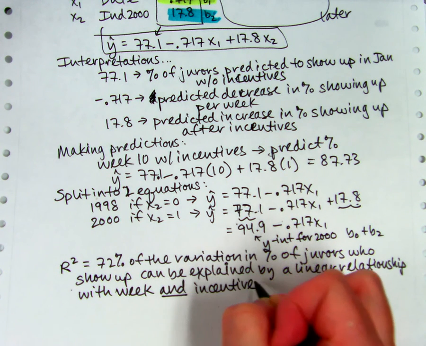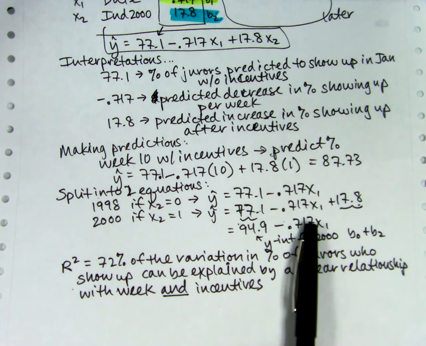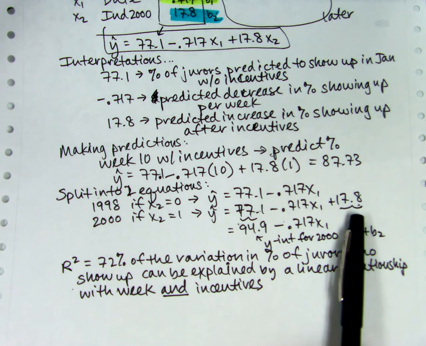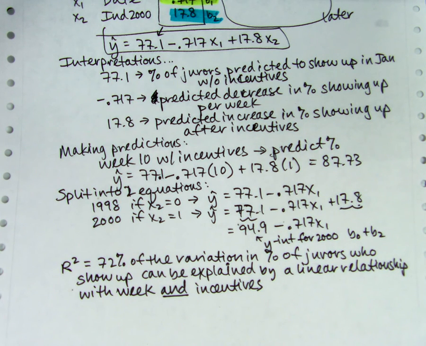So we're using two predictors to explain the variation that we're seeing here, and one of them is just how much does it go down per week, and the other one is how much extra can we add on if we're doing incentives. So both of those things contribute to the model and contribute to explaining that variation in the number of jurors.